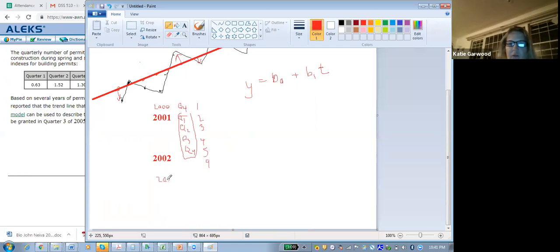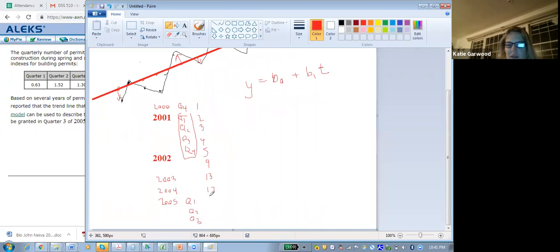In 2003, we're going to have quarters 1, 2, 3, 4. So 4 more will give us 13. In the next year, which is 2004, we're going to have 4 more. So quarters 1, 2, 3, 4 will get us to 17. And then finally, we're at 2005. In 2005, we're going to have quarter 1, quarter 2. But the data that we're going to be trying to predict is quarter 3.